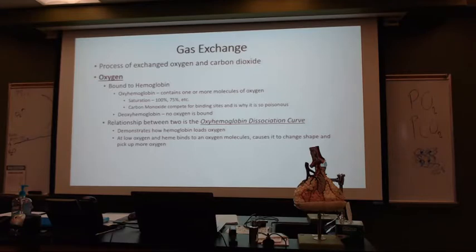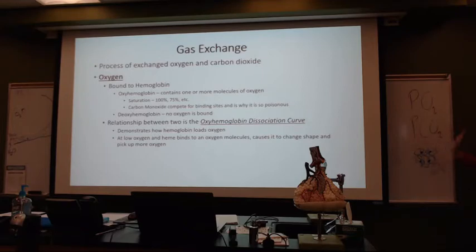As it makes its way through my systemic circuit, is everybody following me? Okay? And if you were really active, chances are it would drop off all 4. And as it returns to the heart and begins the pulmonary circuit, how much do you think it would want to pick up?